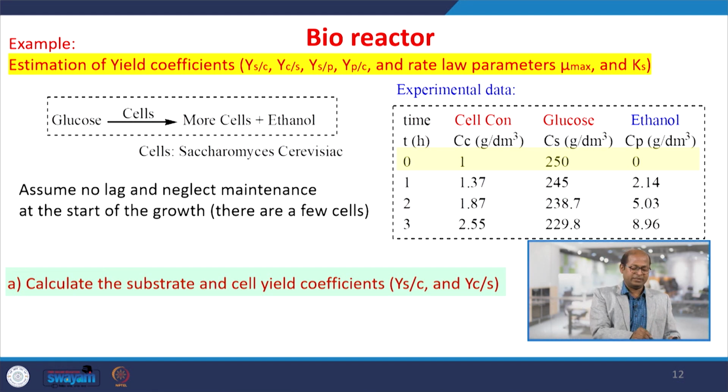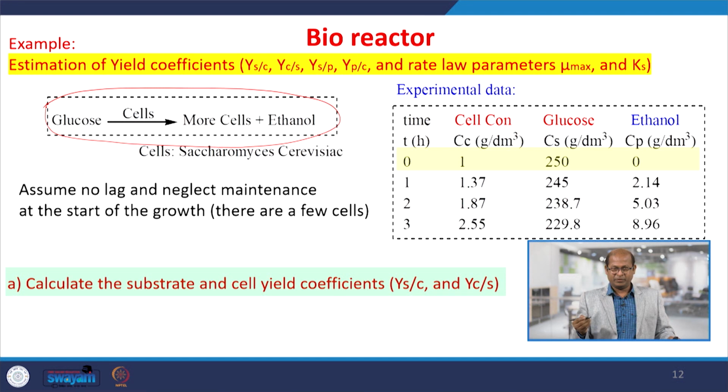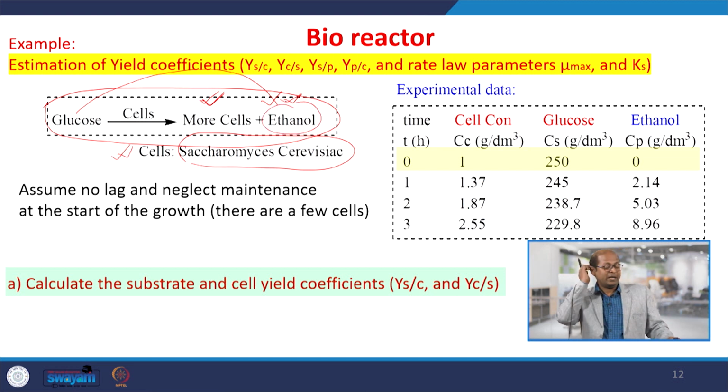Here you can see glucose plus cells inside a bioreactor. New cell formation occurs, and ethanol is the product, that is, glucose to ethanol conversion. We use Saccharomyces cerevisiae cells. More cells are formed, and the glucose is converted into the product, ethanol.